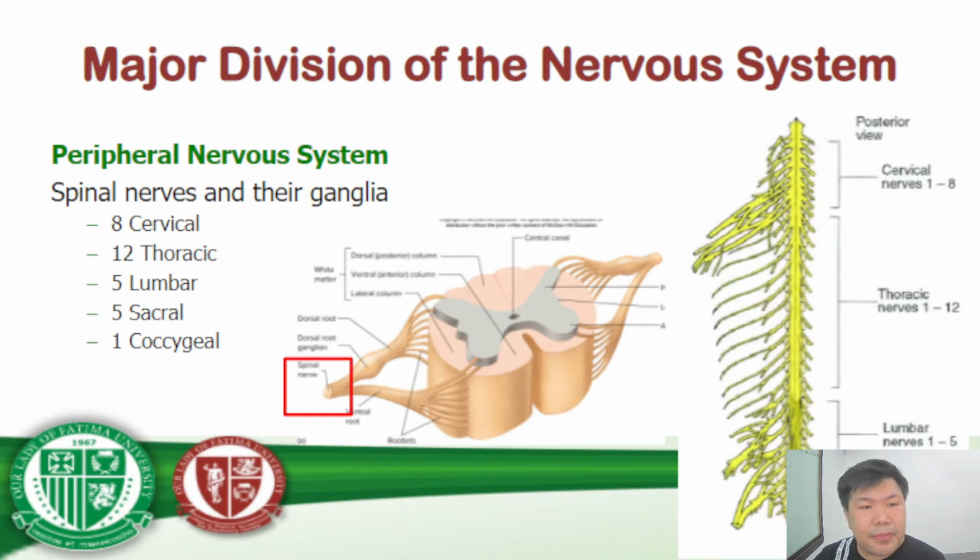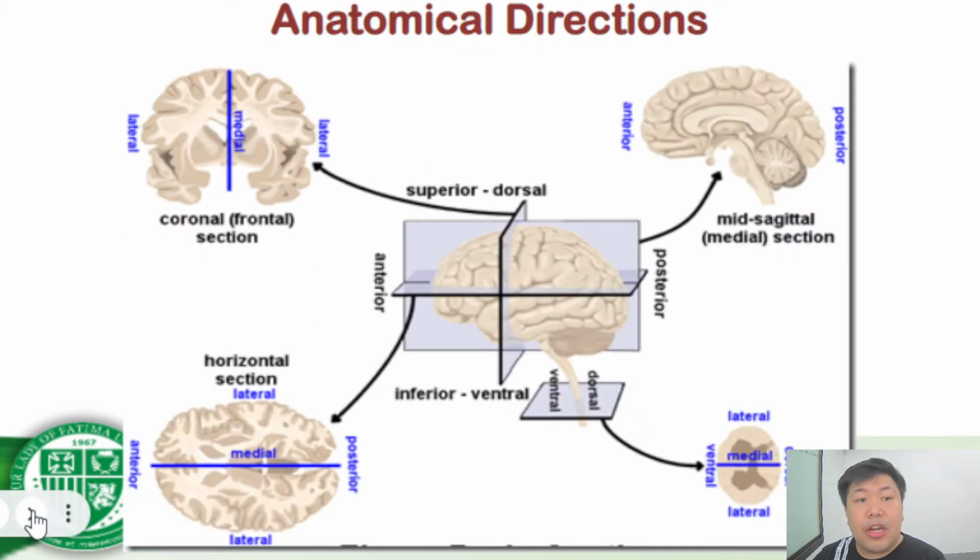Okay. So in order for us to better understand neuroanatomy, we cannot do away with anatomical directions. Marami kasing structures, maraming parts ng brain that would be confusing if you're not able to properly describe where they are located. So first, I wanna show you this image in the middle. This is our brain. Okay.